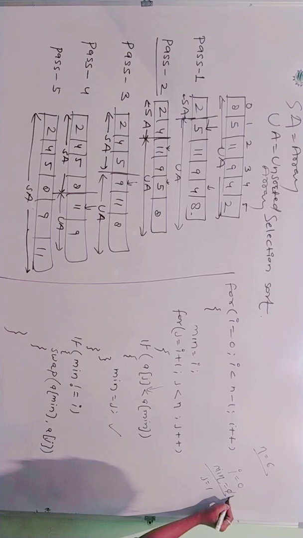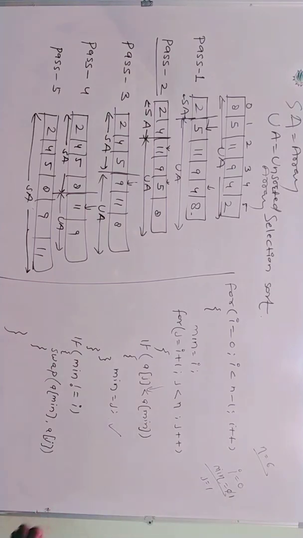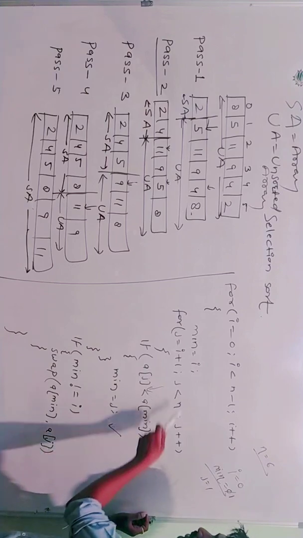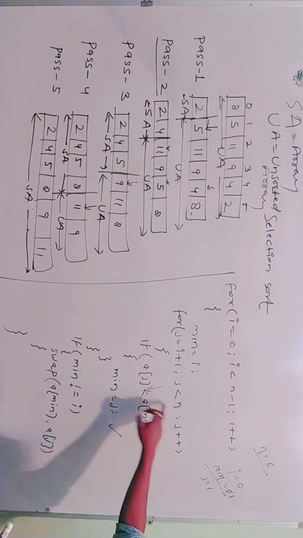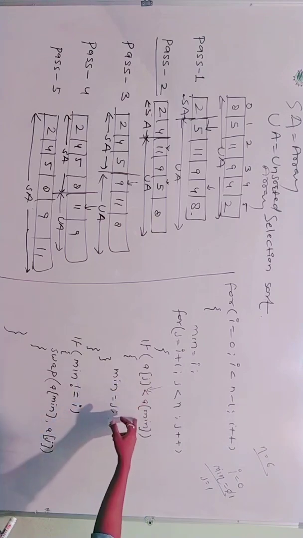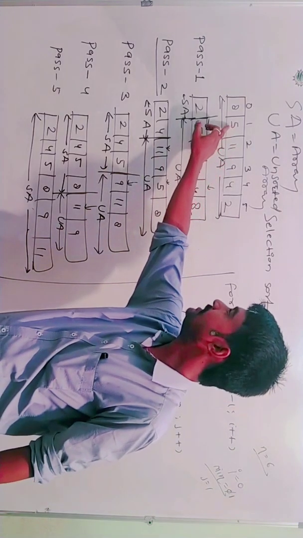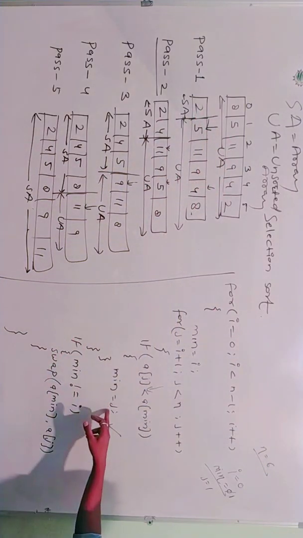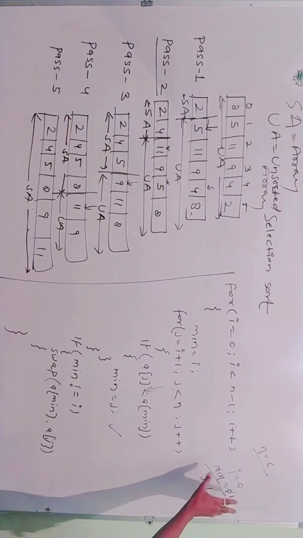The value of minimum will be updated from 0 to 1. Now again j becomes 2. 2 is less than 6. Is A of 2 less than A of 1? No. So minimum will remain the same.